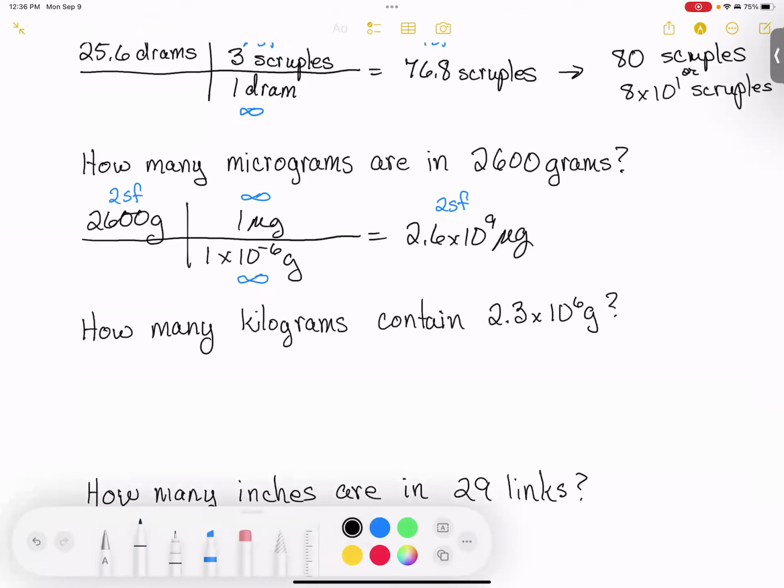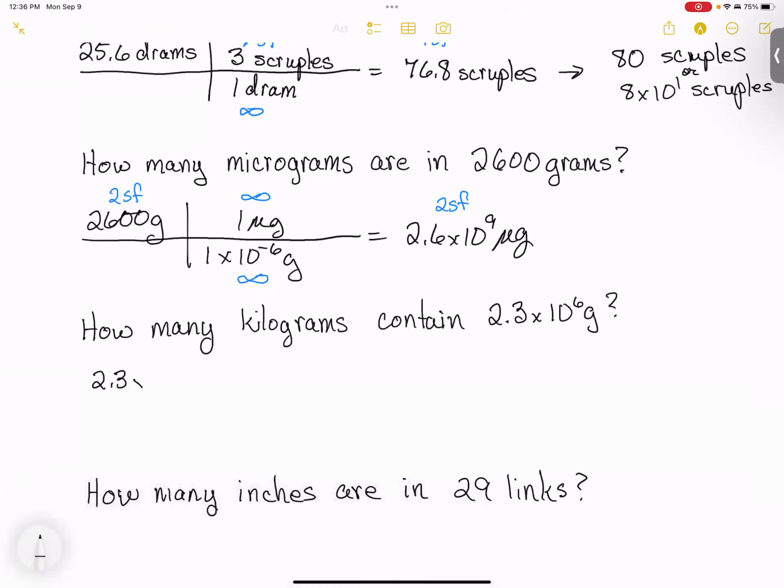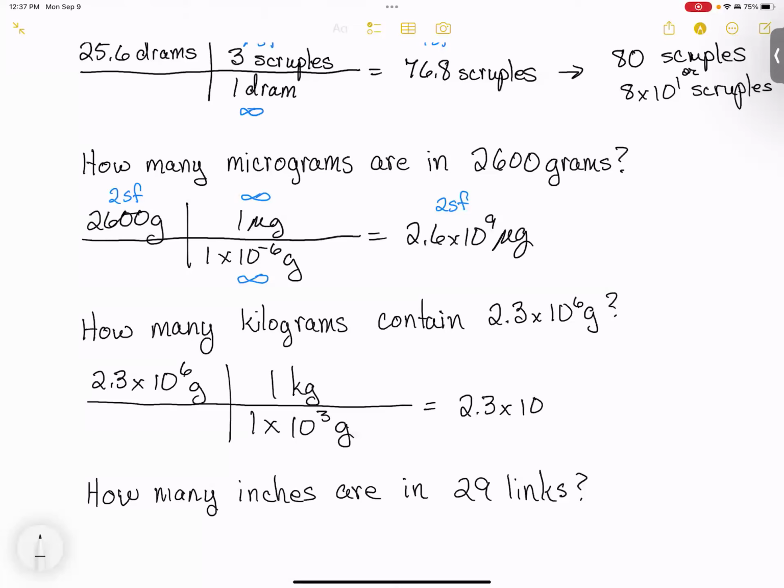The next one, you would have had 2.3 times 10 to the 6th grams. 1 kilogram is equal to 1 times 10 to the 3rd grams. So your answer would have been 2.3 times 10 to the 3rd kilograms.